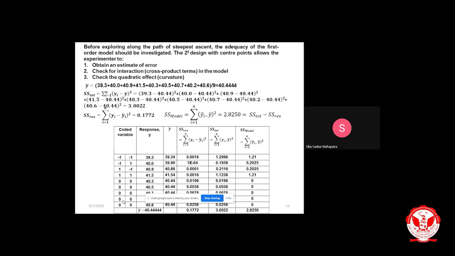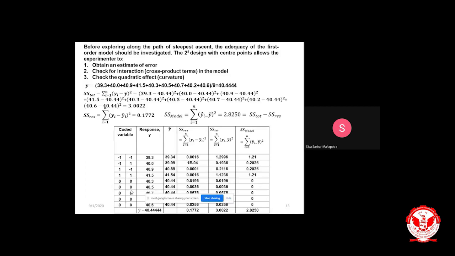So what you have to do for that: we estimate the error of the model using that model, then check the interaction terms, that is the cross product terms, and check the quadratic effect, whether this linear model is sufficient or any quadratic model or square term model is needed.